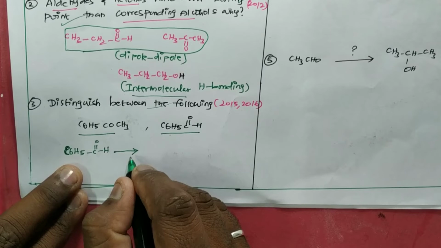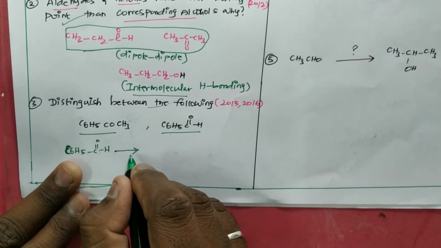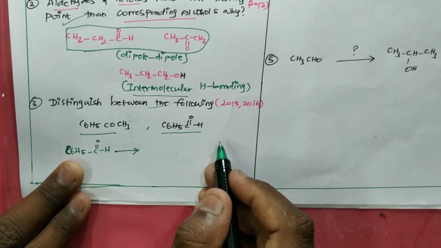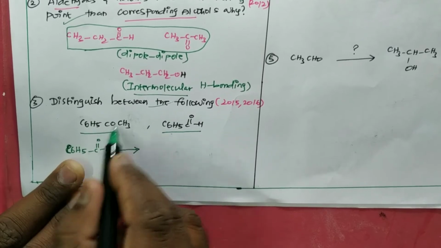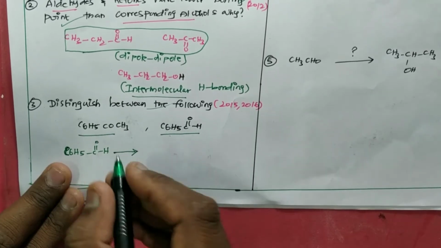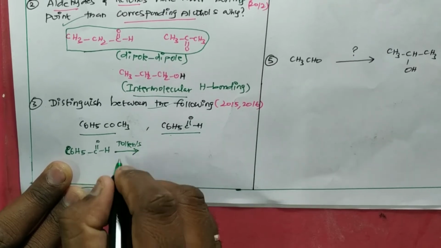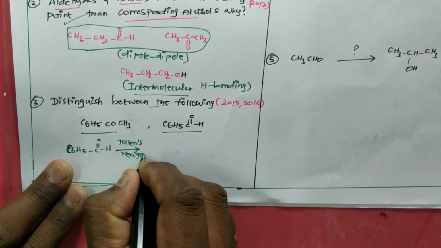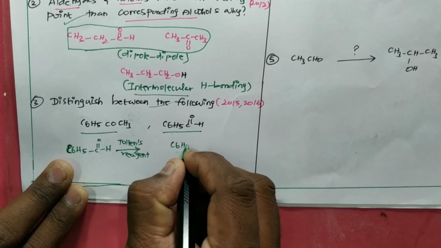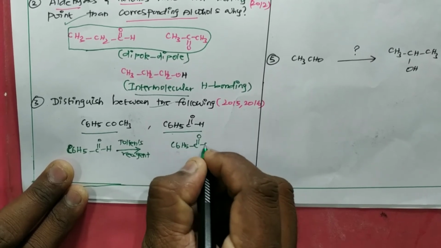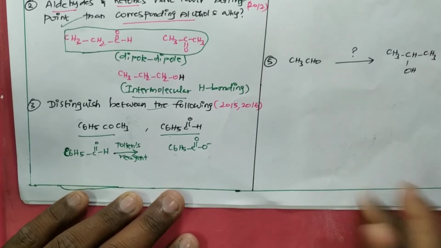Even a weak or mild oxidizing agent will oxidize it, but the ketone does not give that kind of product. For example, if I use Tollens reagent, it will give the product C6H5-C double bond O-O minus, so it gets oxidized.